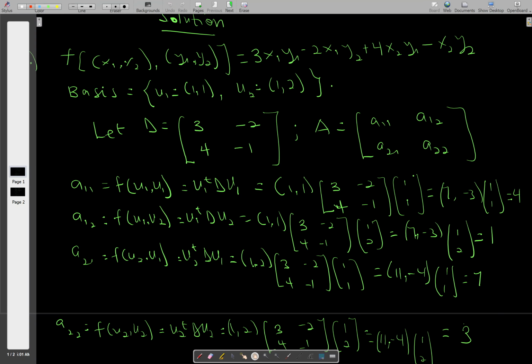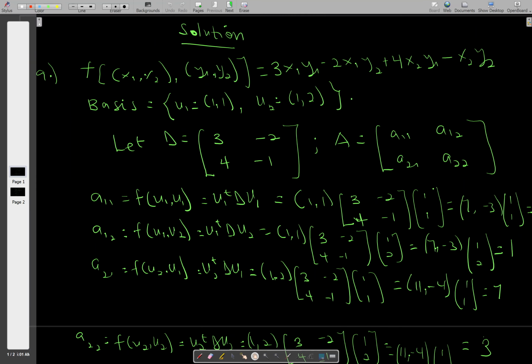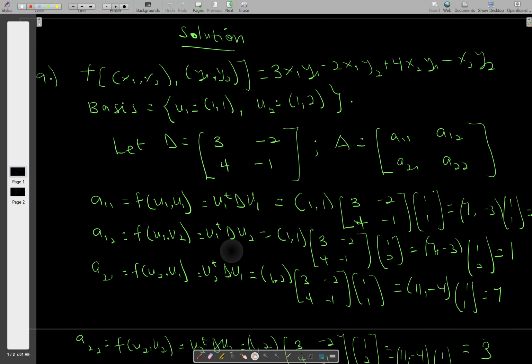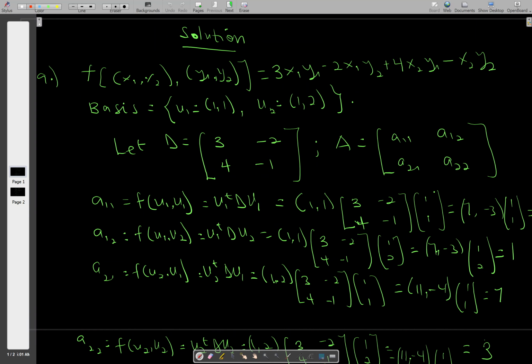Now let's solve the question. First of all, we're given a bilinear form, so let's generate our matrix D. These three will be the elements in the first row, first column. First row, second column, that's -2.